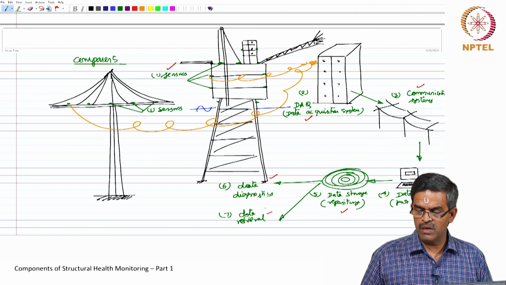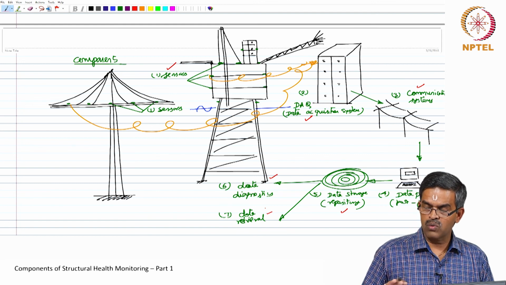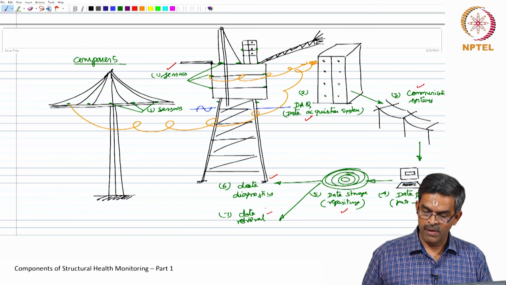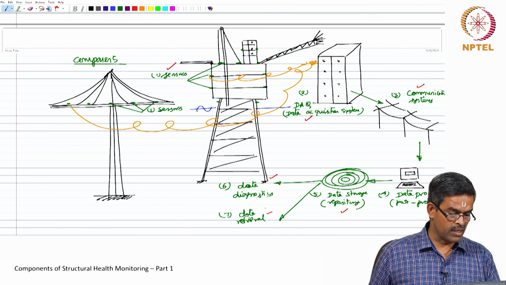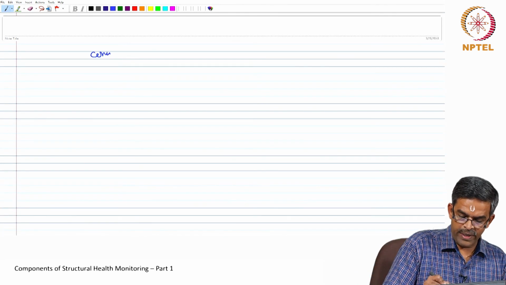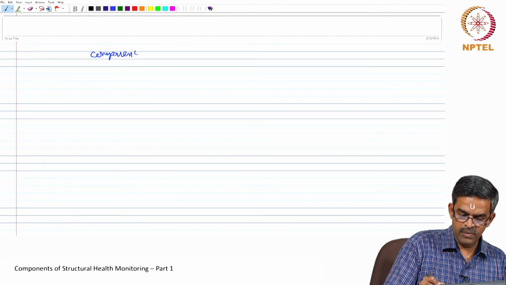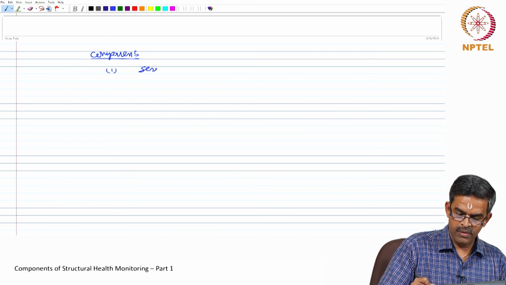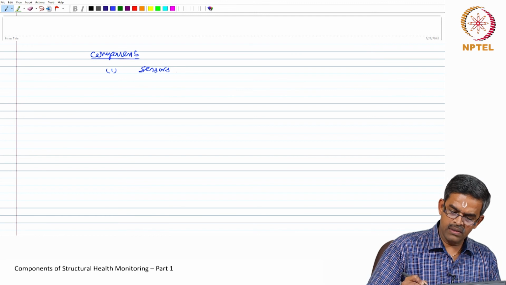So, if you look at the whole layout of the health monitoring system, we can component wise divide them as seen in the figure just now. So, the vital components can be the sensors.